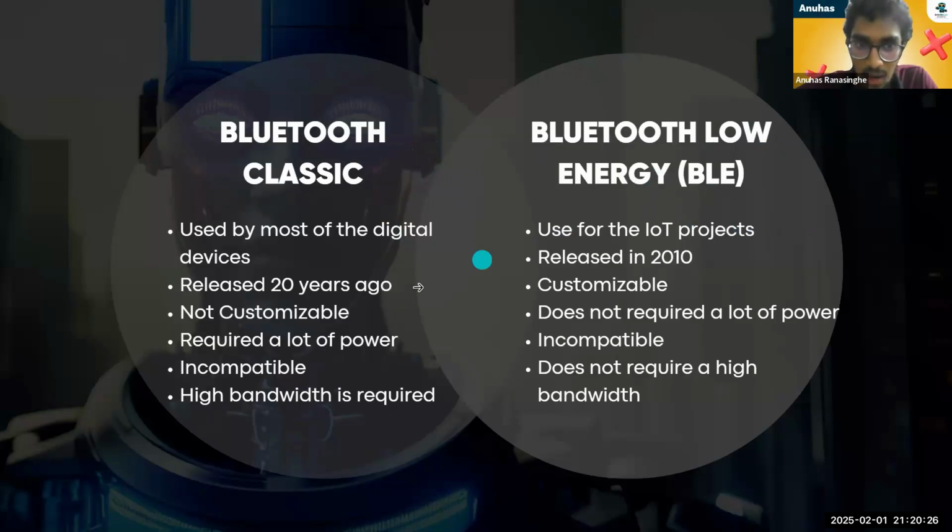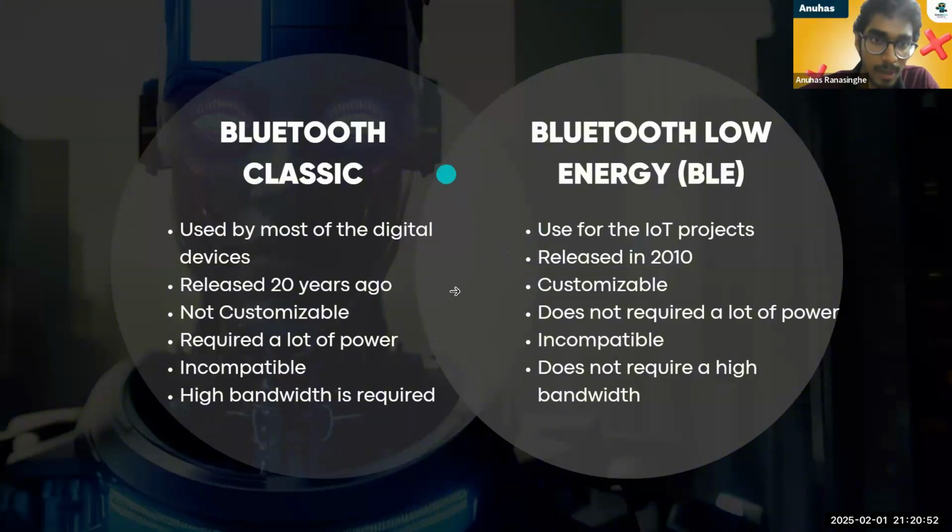Bluetooth Classic was released around 20 years ago, but Bluetooth Low Energy was released in 2010, introduced in Bluetooth 4.0. Bluetooth Classic is not that customizable, but Bluetooth Low Energy is, and BLE developers can customize it according to their IoT projects.